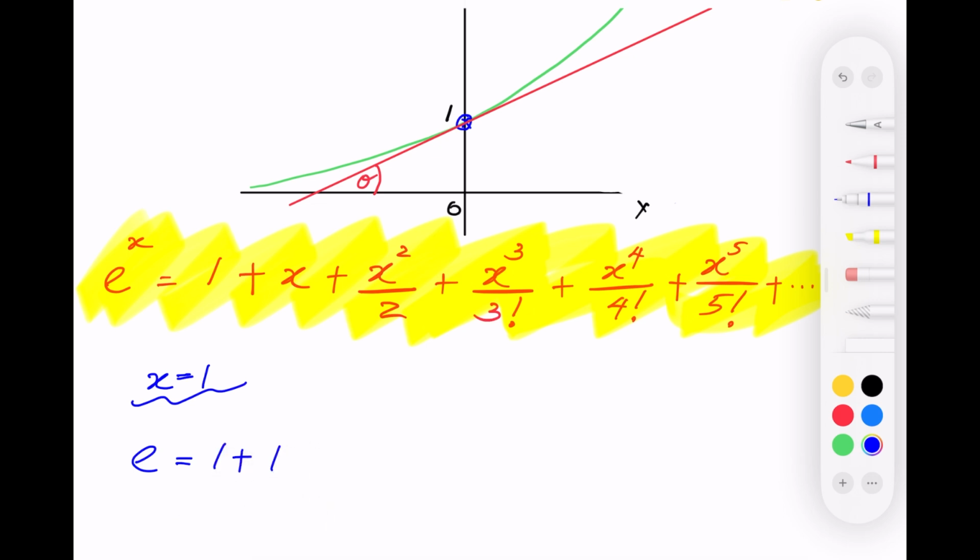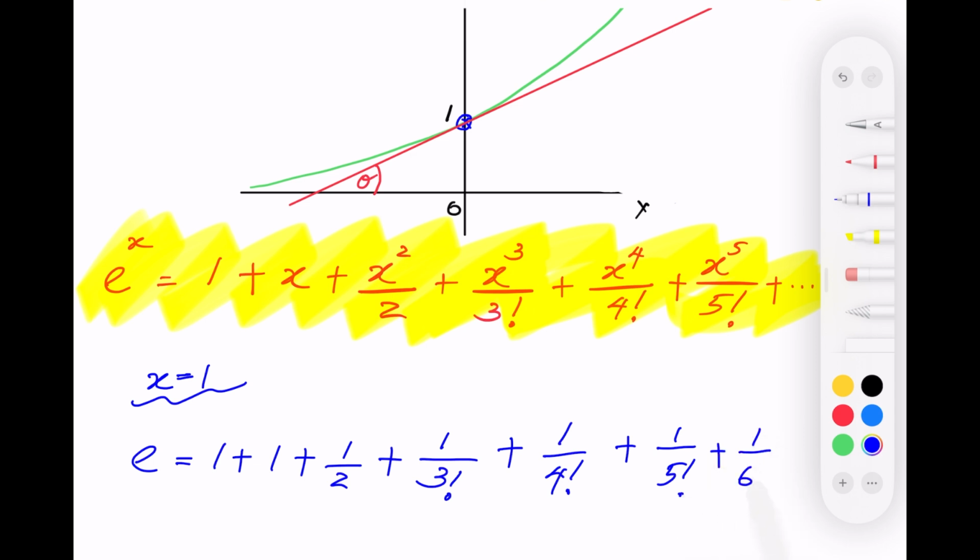Second term is just a 1 again. The third term is x squared over 2. When x is equal to 1, it's going to be 1 squared over 2. And the fourth term is 1 cubed, which is just 1 over factorial 3. And the fifth term is, once again, 1 raised to the fourth power divided by factorial 4. The next term will be 1 over factorial 5. And likewise, if I had written down the next term, it will be 1 over factorial 6, and so on.